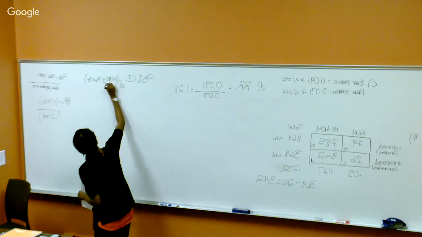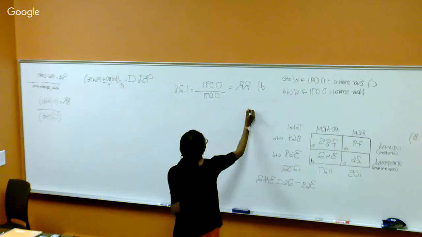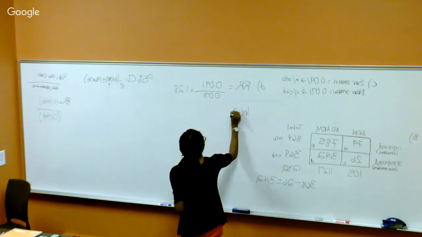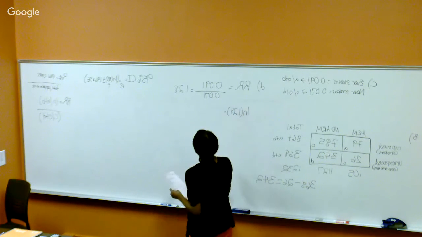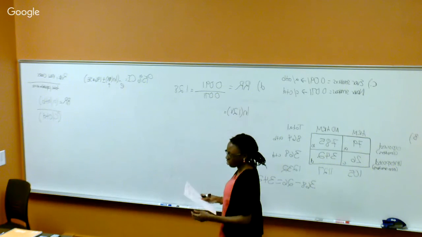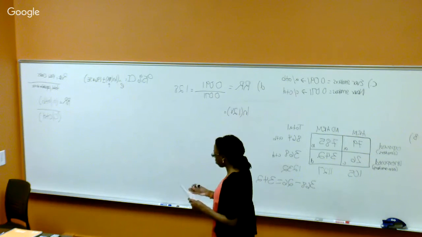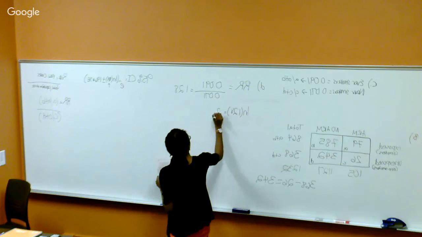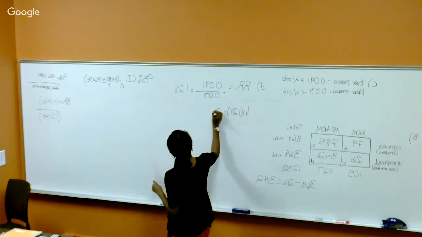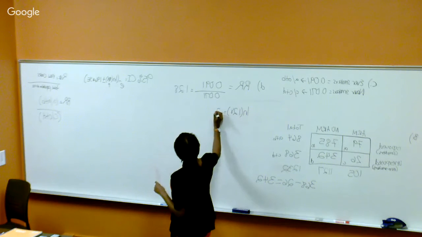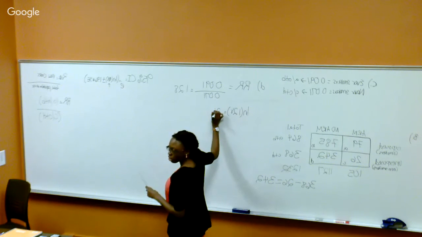The natural log of 1.28 comes out to be... I have 0.246.